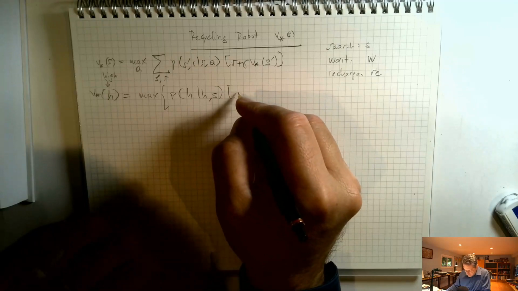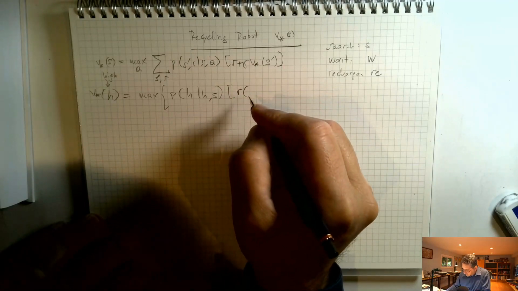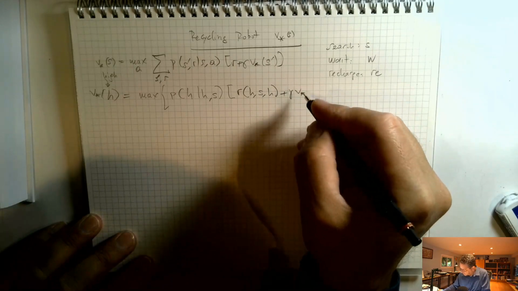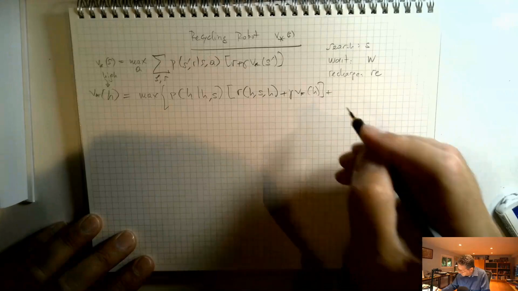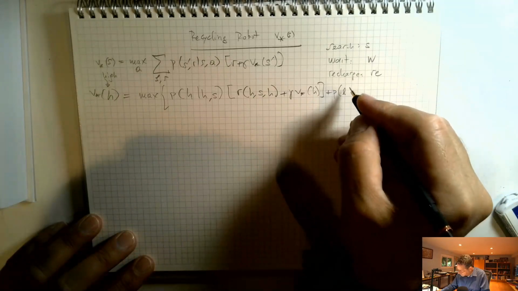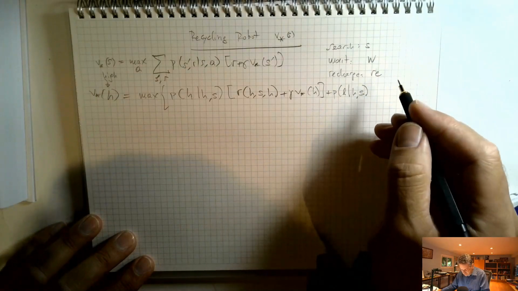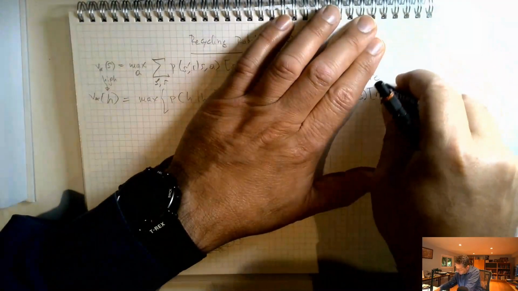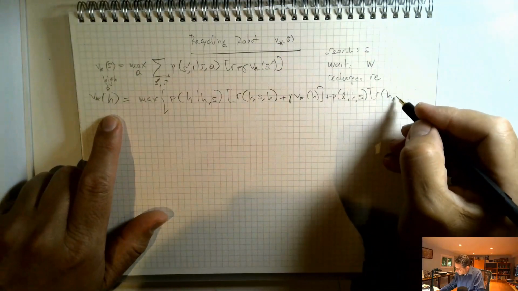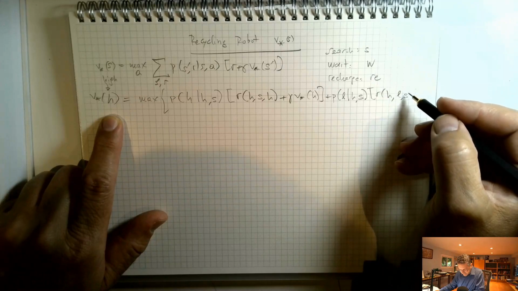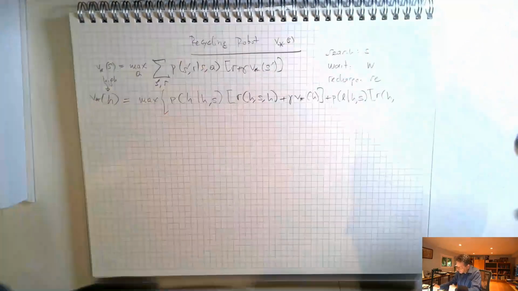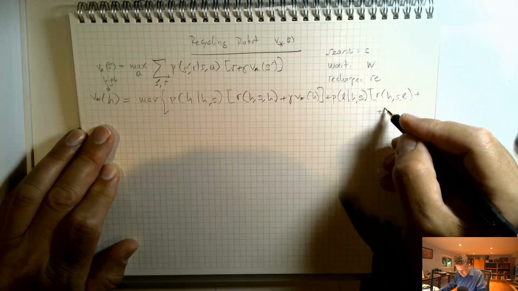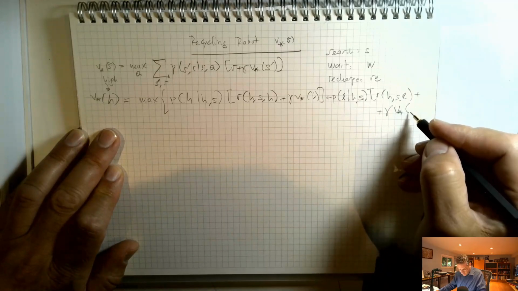The reward function is a triplet: R of high, searching, high, plus gamma V star of high, plus probability of low given high comma searching, R of high, searching, low, the action is in the middle, plus gamma V star of low.